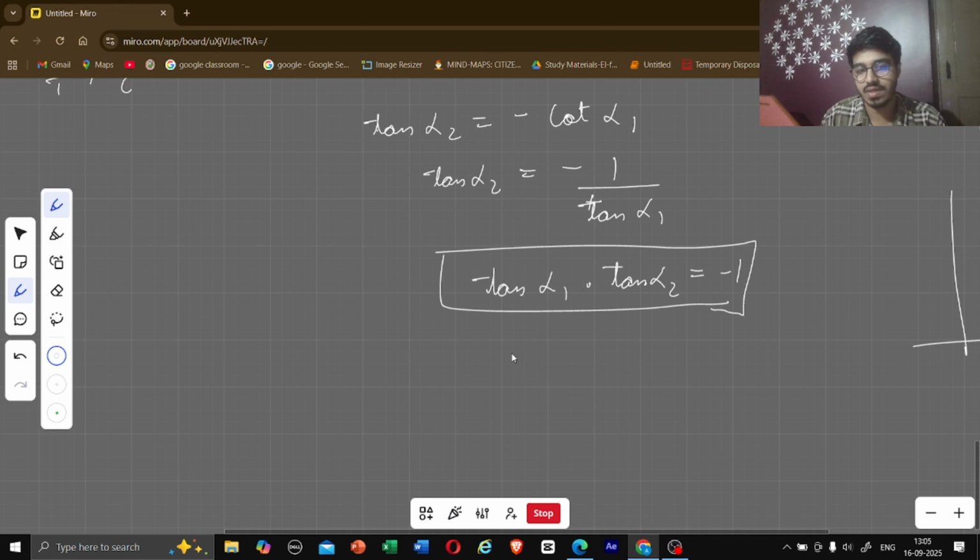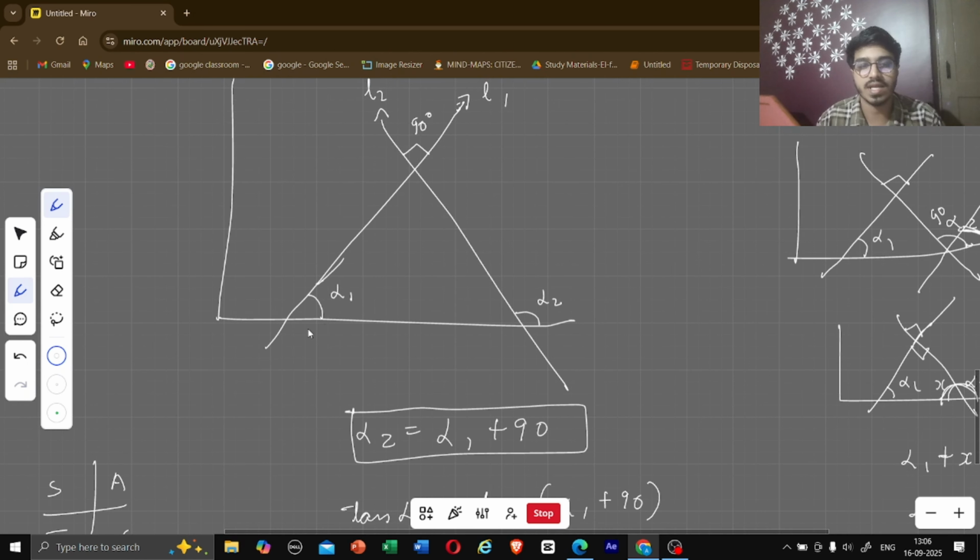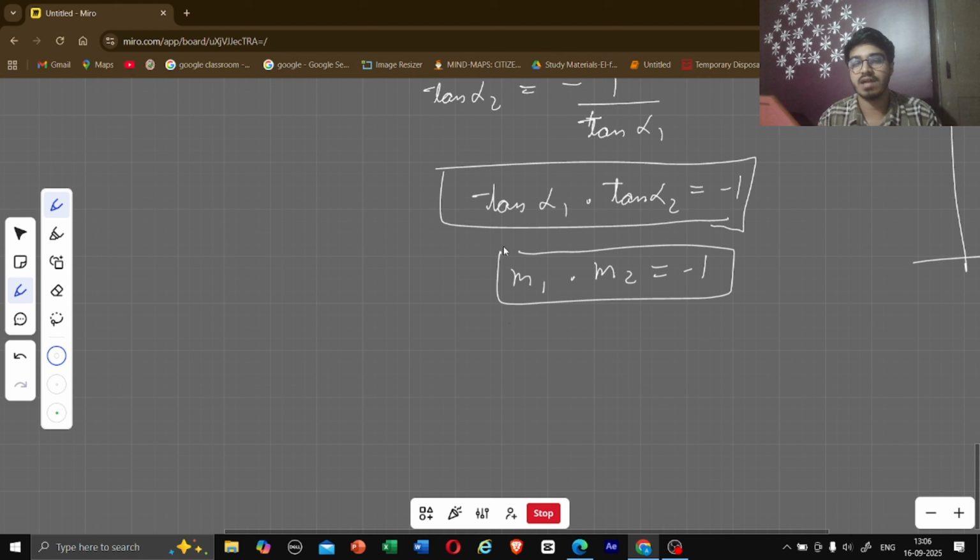So M1 into M2 is equal to minus 1. We consider the slope of L1 as M1 and the slope of L2 as M2. So we took tan alpha 1 as M1 and tan alpha 2 as M2. So M1 into M2 is always minus 1.